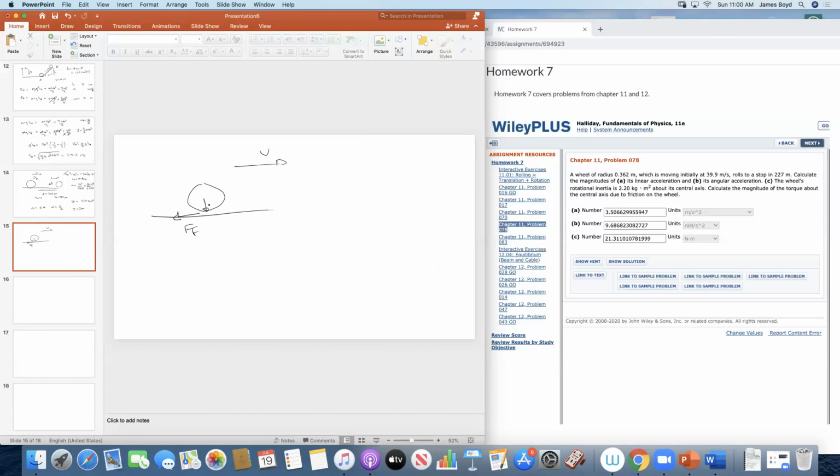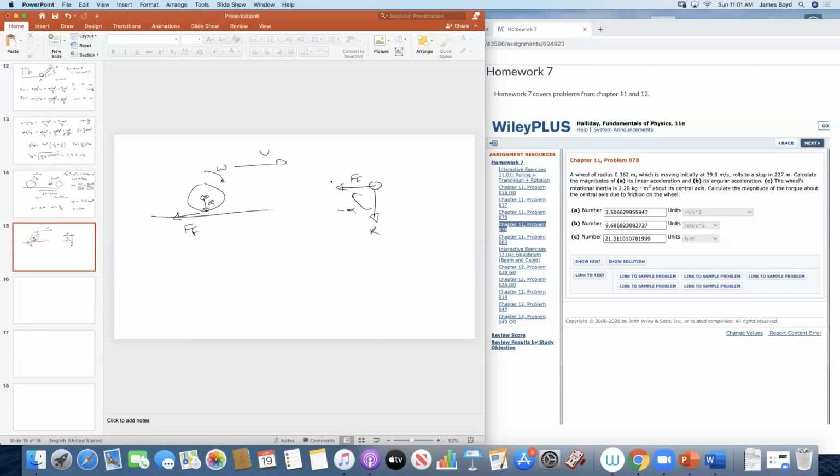It's happening at a distance r from our axis of rotation. Let's draw this torque, R cross F of friction. If we turn this way, we see that we get a negative alpha. We know that this whole thing is already rotating that way.